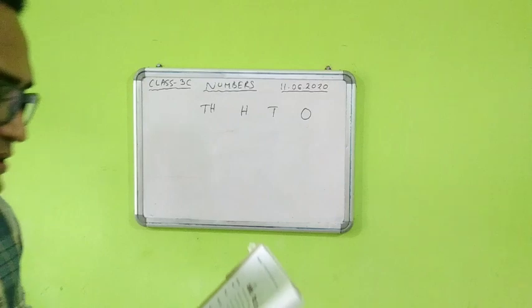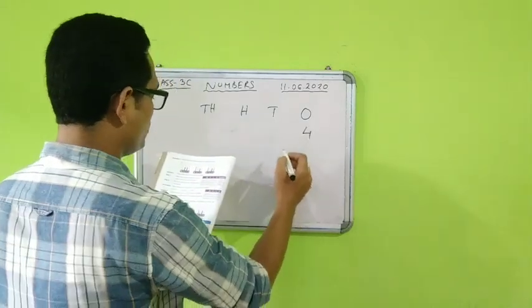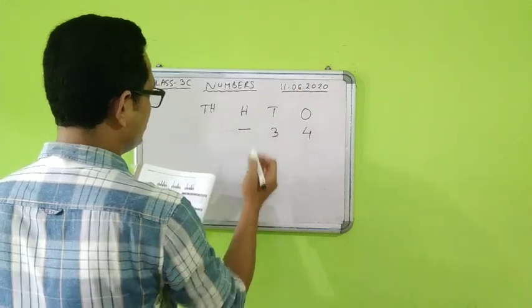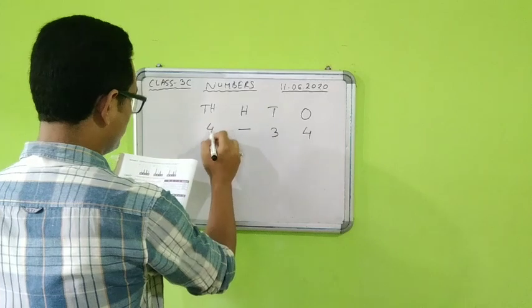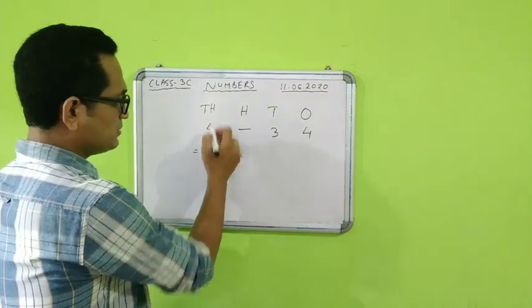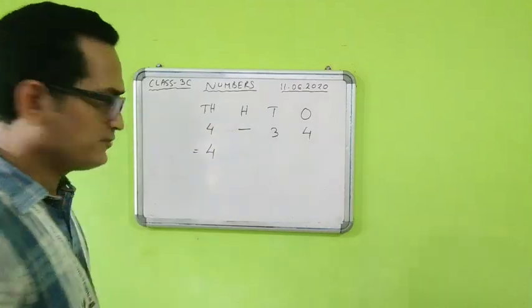In question C, in the ones place there are 4 beads, in the tens place there are 3, in the hundreds place there is nothing, and in thousands it has 4. Since 4 is in the thousands place, it will be 4000.